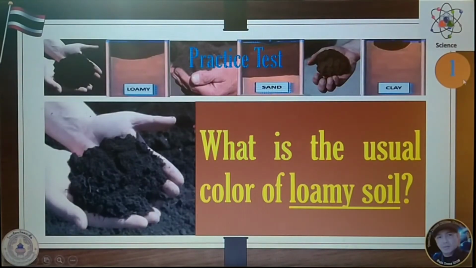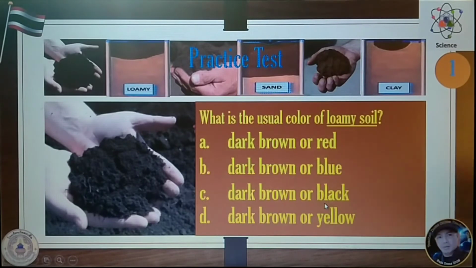Practice test 1. What is the usual color of loamy soil? A. Dark brown or red. B. Dark brown or blue. C. Dark brown or black.